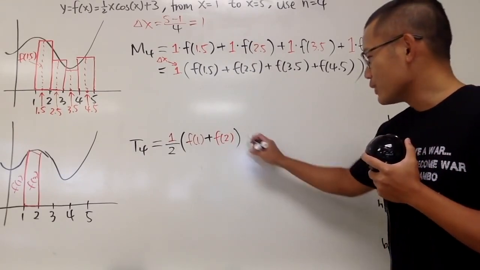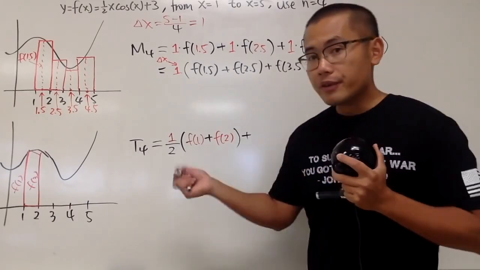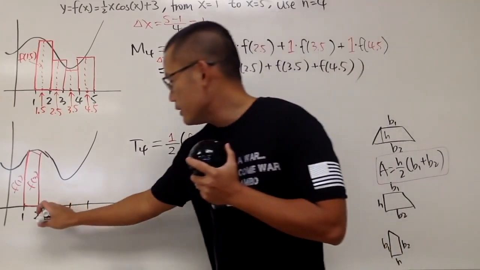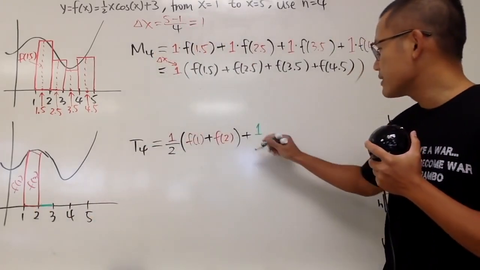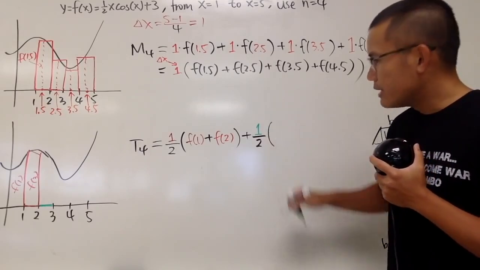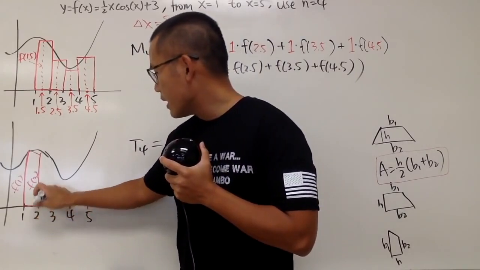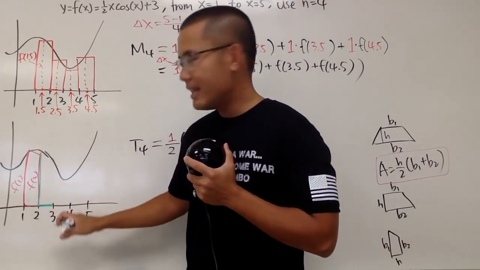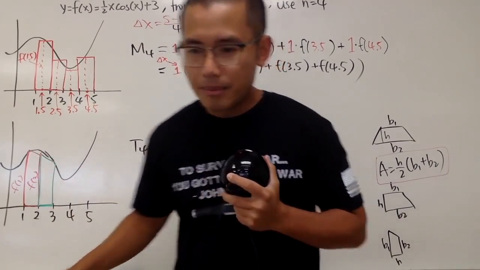Then next one, of course, we have to add, I'm going to use green for this one. For the area of the next trapezoid, first, look at this right here, is of course 1. So we have the 1, and yes, that's the delta x, and then we divide it by 2. And then we multiply it by, in this case, we have to figure out how long this is, and then how long this is. So that's the picture, similar.